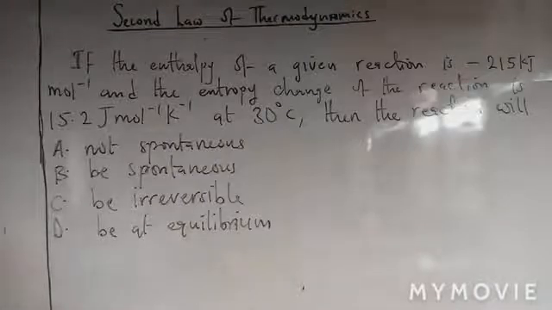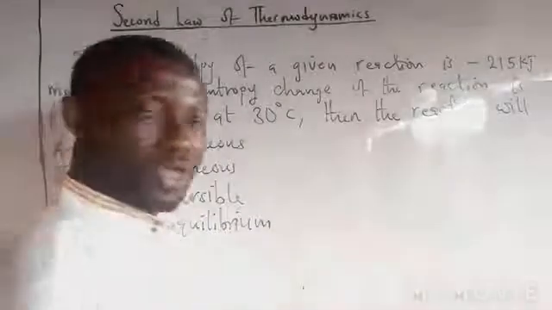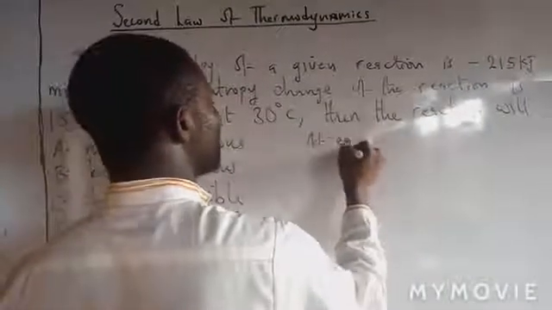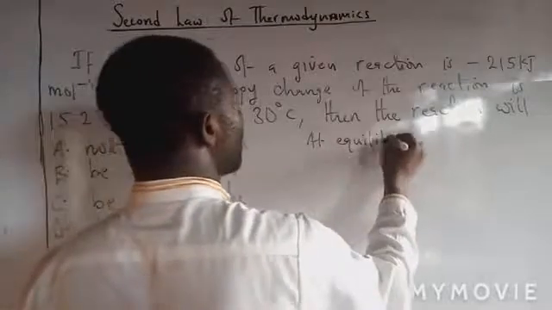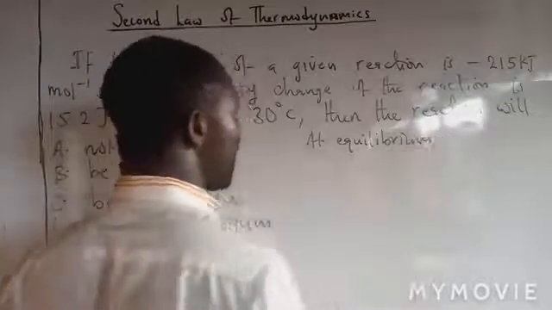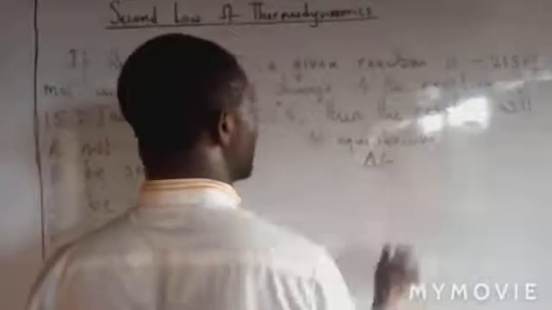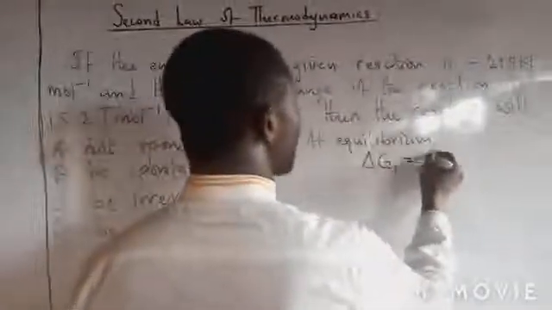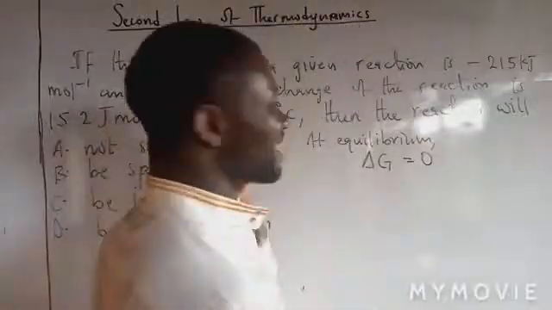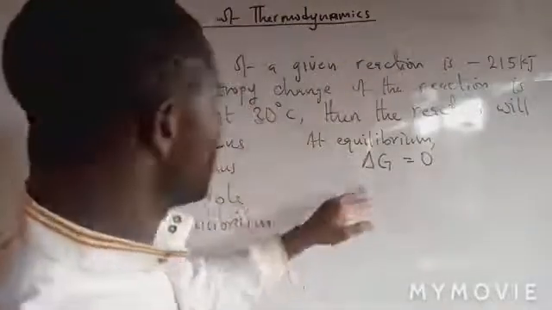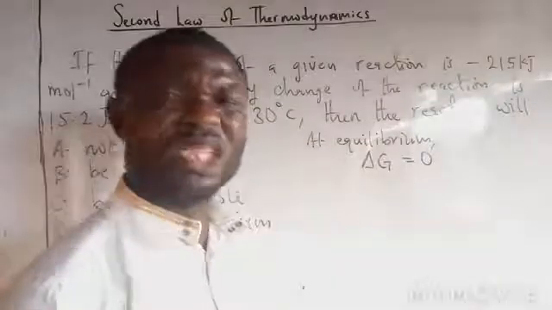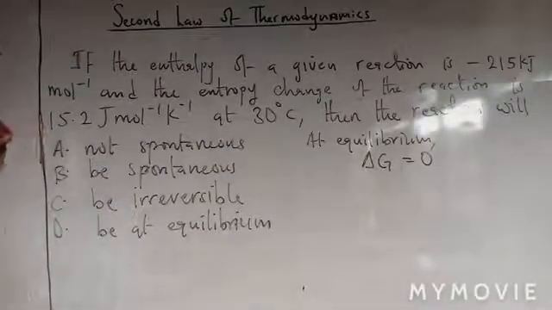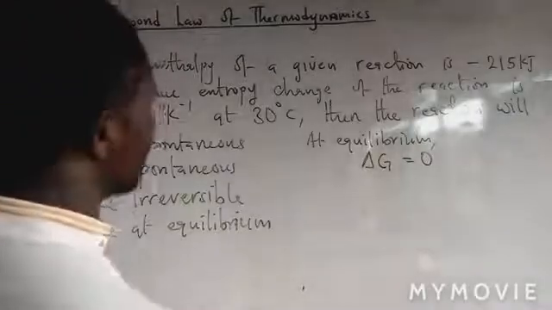From my previous video, we showed that at equilibrium, the free energy change is equal to 0. So we are going to test whether the value given here will give us 0. If it doesn't give us 0, then it is not at equilibrium. So let us check now.